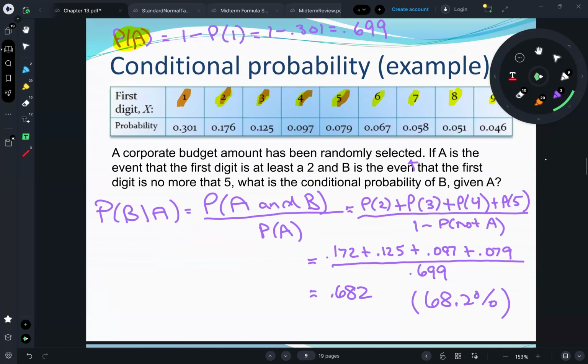So let's say, what's the probability of B? The probability of B is no more than 5.